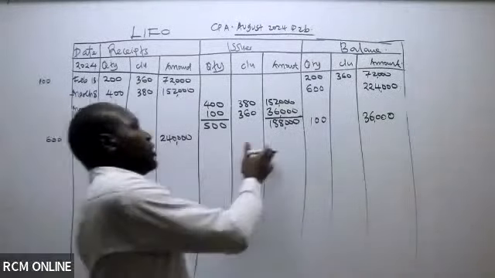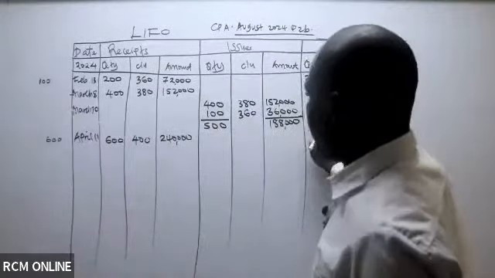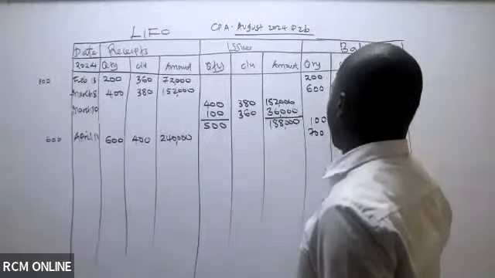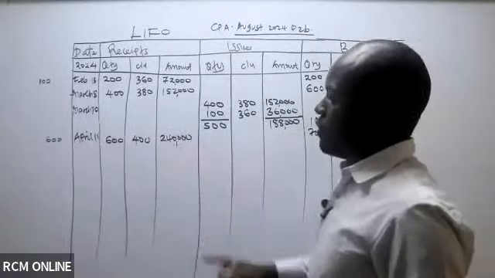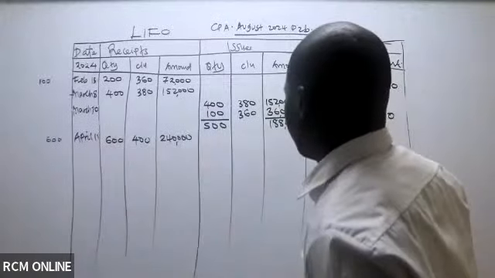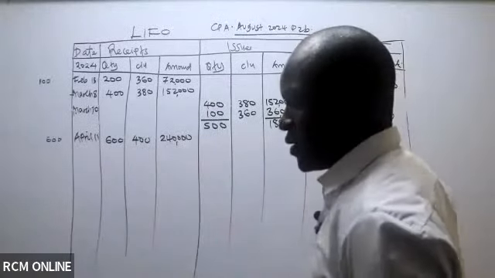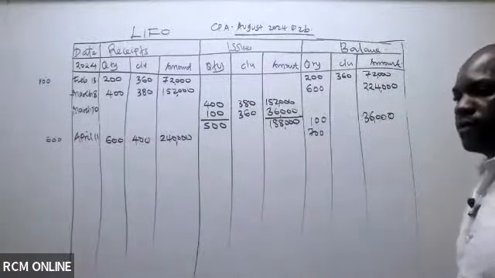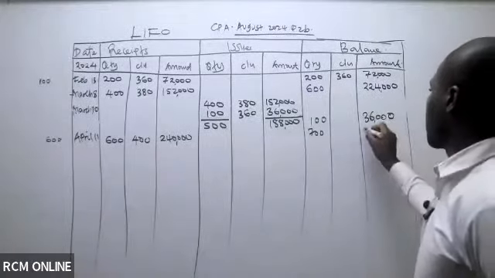Good. So can we record what we have as at this particular time? I have 100 plus 600 giving me 700 units. Their value 36 plus 240,000. What will I have? Is it 276,000? 276.